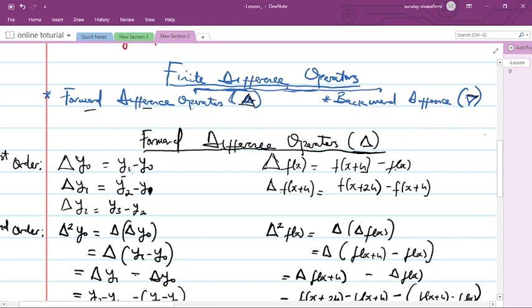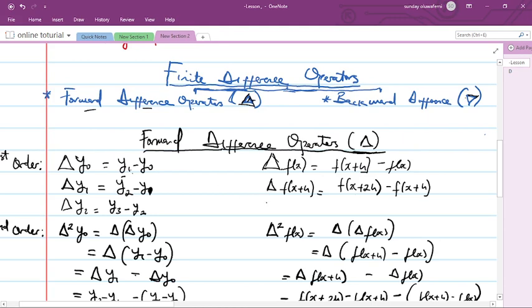Then the forward difference operator of f of x plus h will be f of x plus 2h minus f of x plus h.